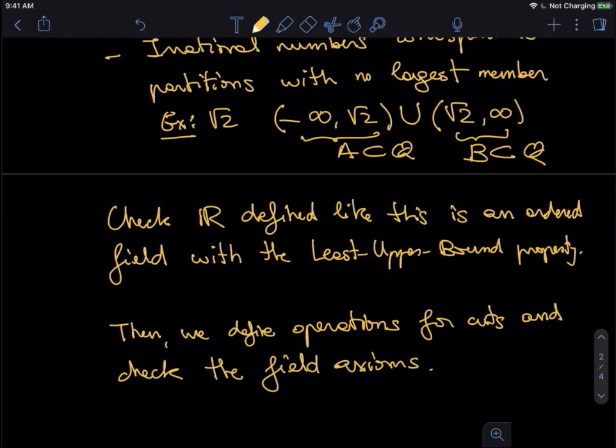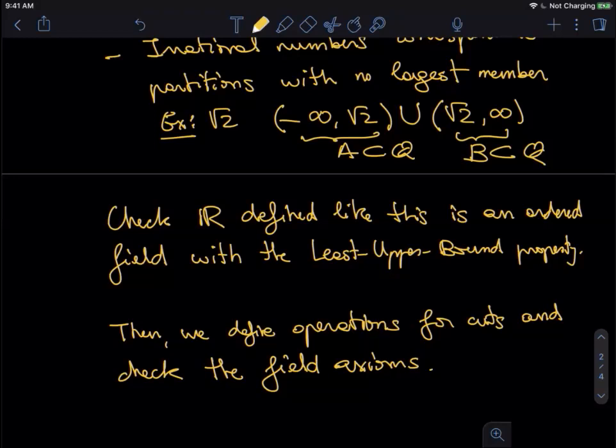This is basically the idea of the proof. It's several pages. It's in the book. We are not going to see all the details, but you see the main idea here is to replace the notion of number that we have as a point in a line, replace it by cuts, by partitions of the rational numbers.